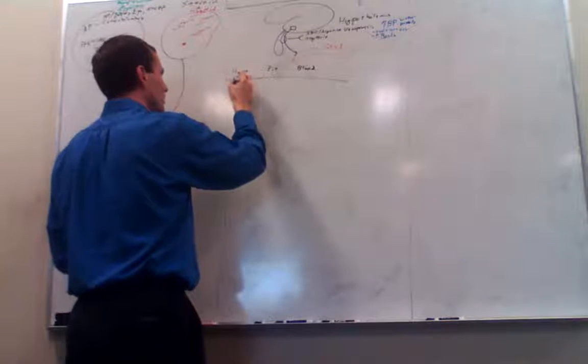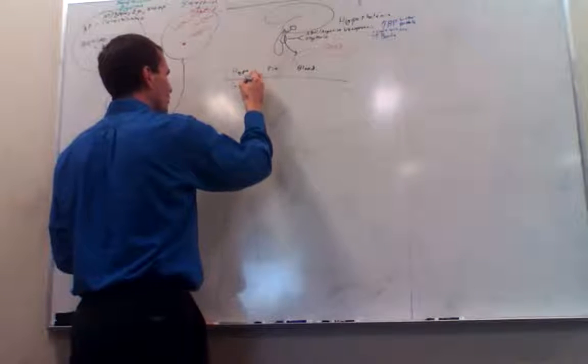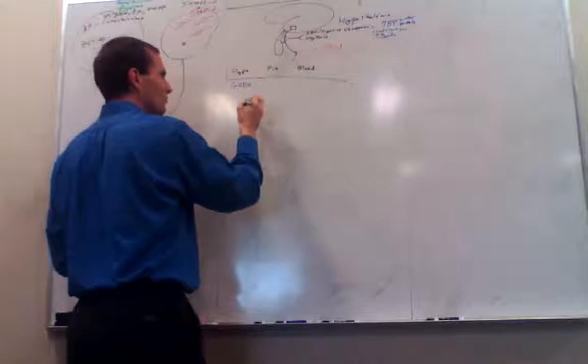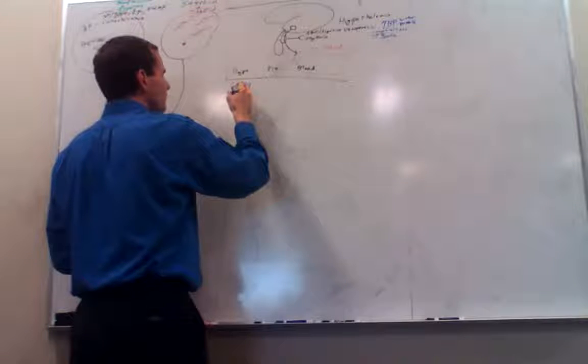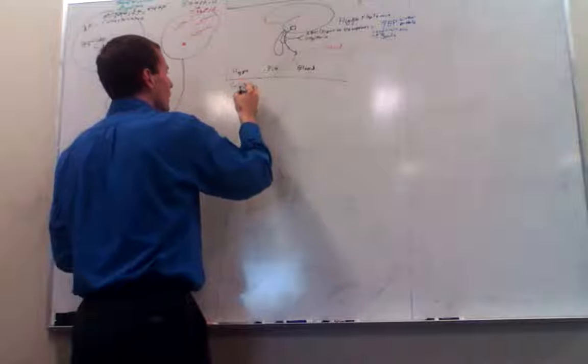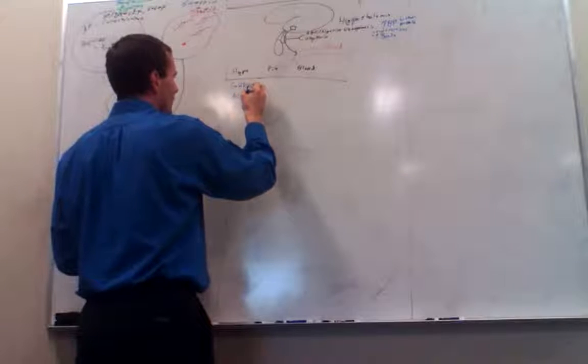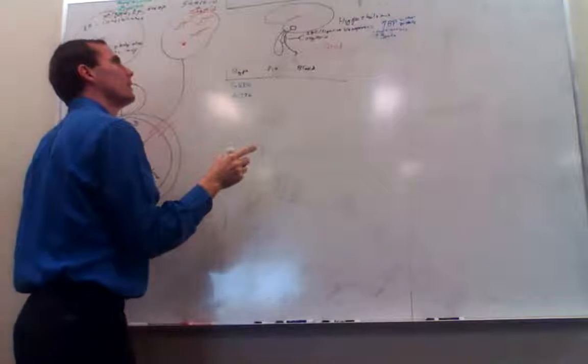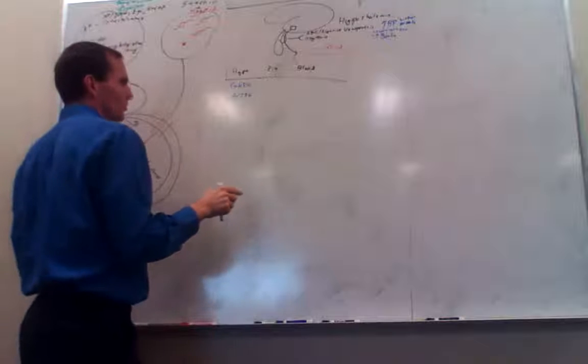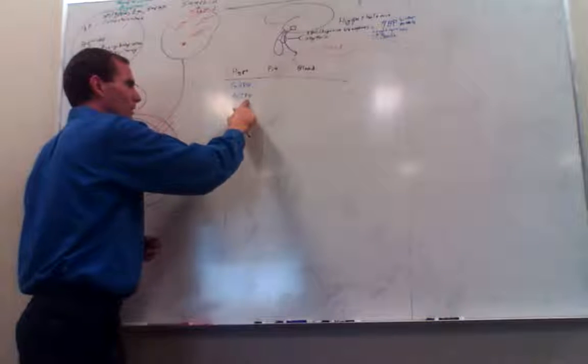So, for example, growth hormone releasing hormone. Adrenocorticotropic releasing hormone, ACTRH.